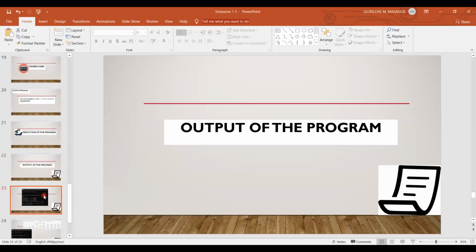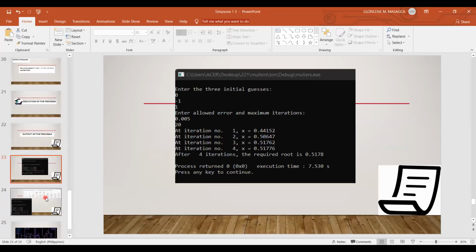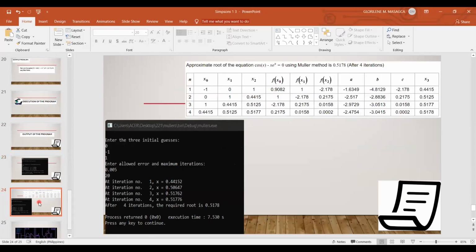So this is the output of the program. Let's compare the output of our C language program for Muller's method to the one computed manually, so coming up with this table. Same after 4 iterations, let's see if they have the same answers. As you can see, the final answer is same, 0.5178.